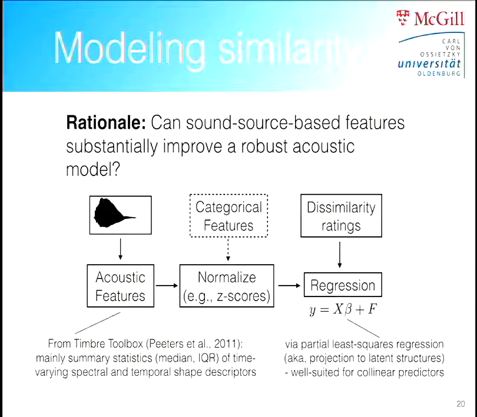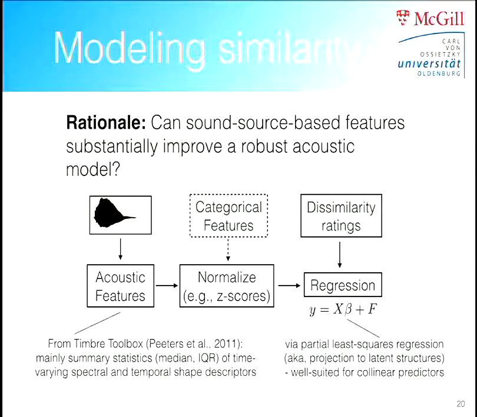Okay, and then the part of the study I'd like to talk about is the modeling part, where the question is, can sound source-based features improve a robust acoustic model? So we start from the different sound signals.